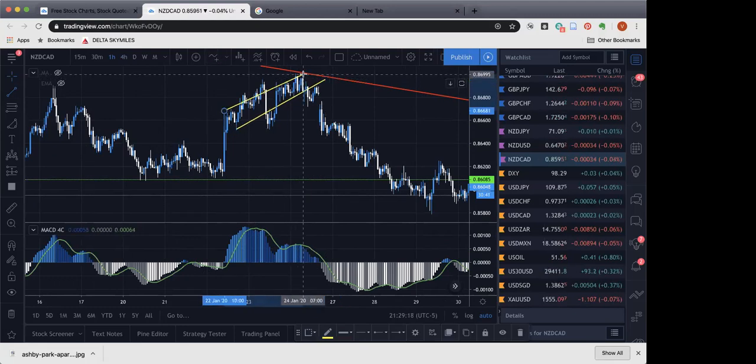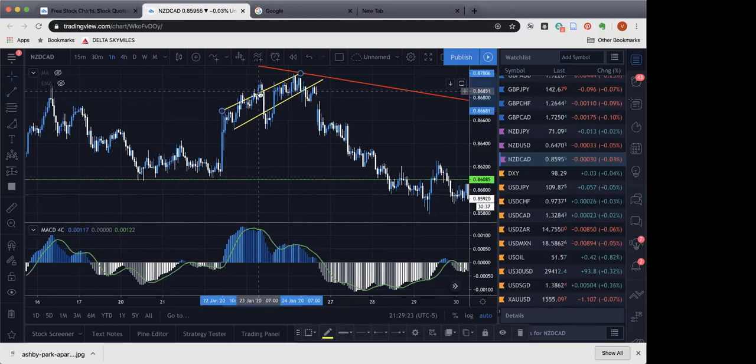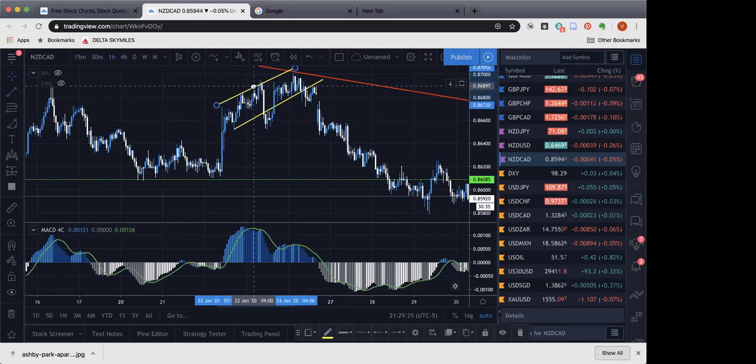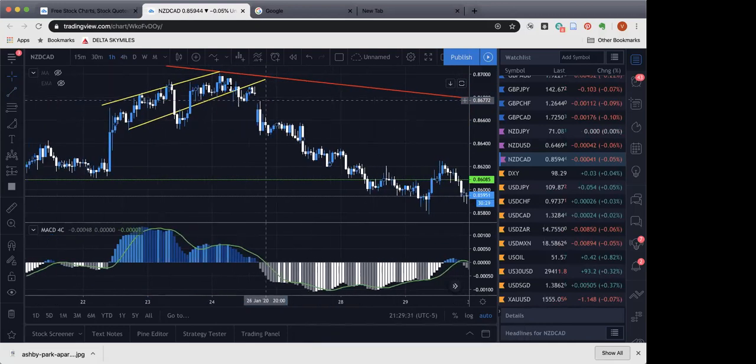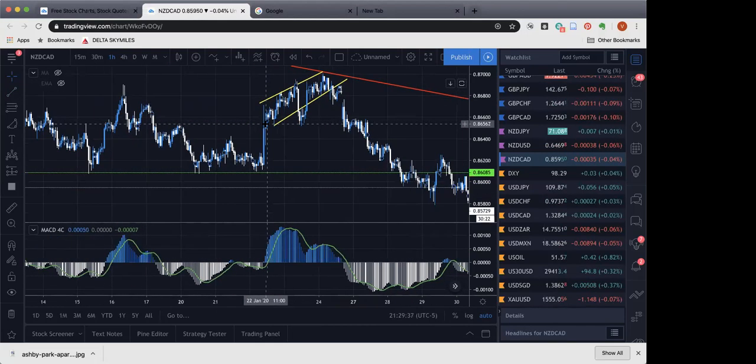Notice. This is why studying market structure and market patterns is so key. Notice your pattern. So when price broke out of its pattern, it came down, it retested for a continuation. Look at that. It broke the channel, came back and retested for a continuation.